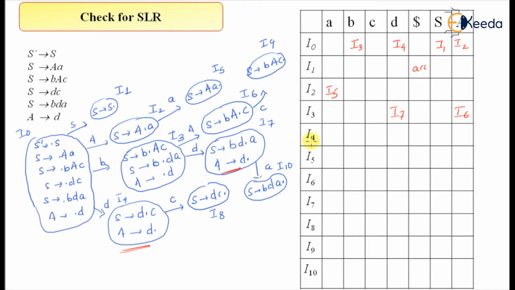I4 is a shift and reduce. The reduce I'll come to later, but on input C, I8. I5 is a reduction, I'll come to it later. I6 on input small c, I9.